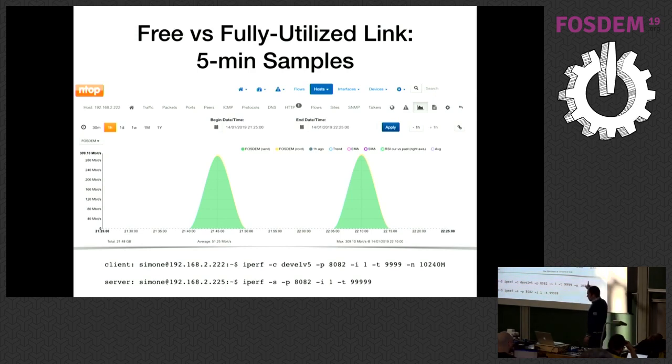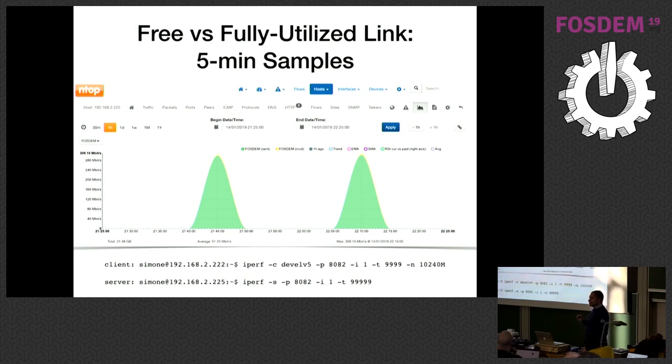The second bell-shaped curve is the same traffic metric captured during the 10 gigs file transfer over the fully utilized, congested link. Do you see any difference? No. The two bell-shaped curves are the same. So it's completely undetectable, the fact that the link was congested, if we use 5-minute samples.